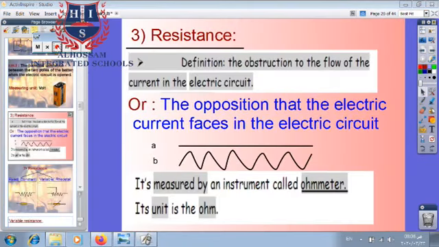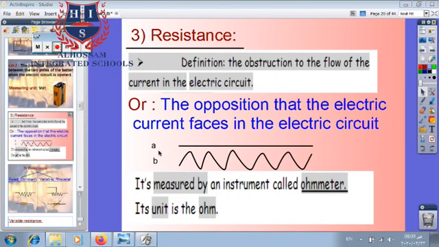Now let's study another point, which is the resistance. First, tell me, if you have two ways, a way in a straight line like A, and another way which is a zigzag line as B. If you moved through these paths, in which one will you find more resistance, or find difficulty to move in, A or B?